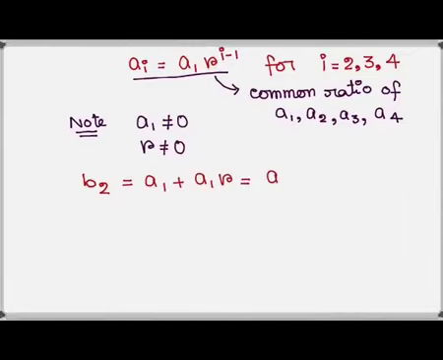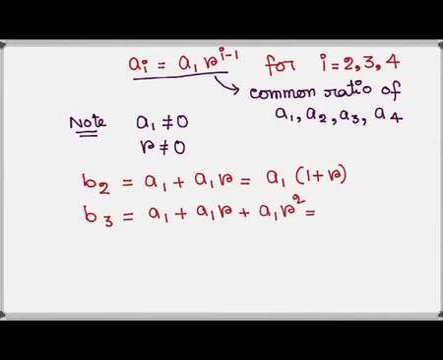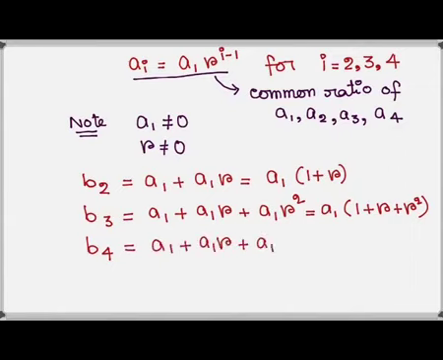So this is nothing but A1 into 1 plus R. B3 is equal to A1 plus A1R plus A1 R square, which is same as A1 into 1 plus R plus R square, and B4 is equal to A1 plus A1R plus A1R square plus A1R cube.